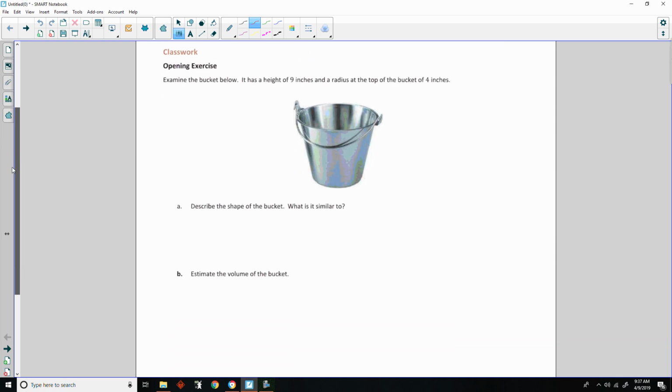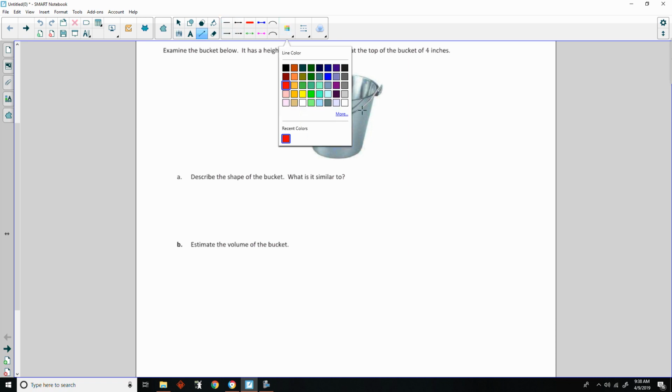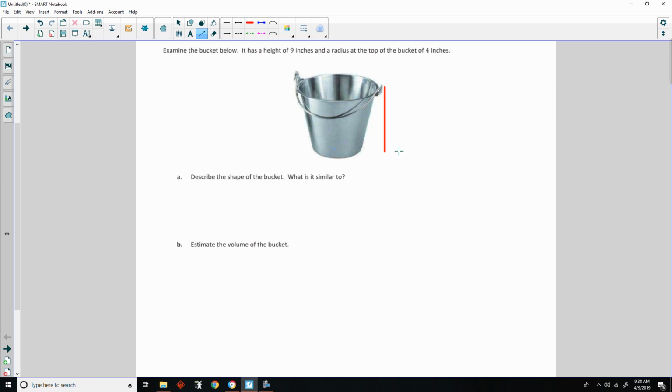Okay, classwork opening exercise says to examine the bucket below. It has a height of 9 inches and a radius at the top of the bucket of 4 inches. So what they're saying is, from here to here, h equals 9 inches.